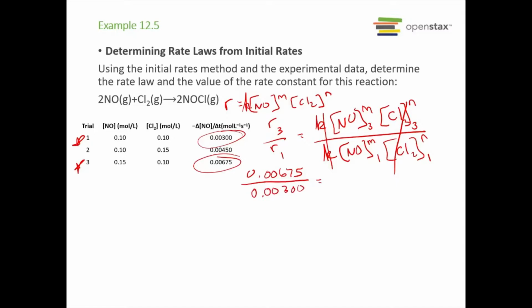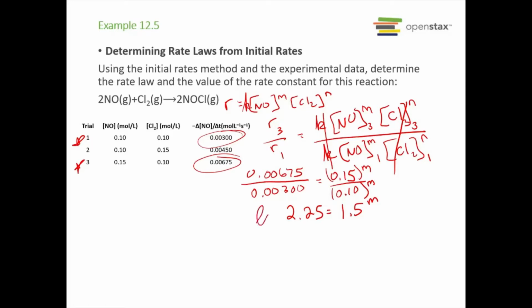And this is equal now to our concentration of NO from reaction 3, which is 0.15 to the M power, divided by 0.10 from reaction 1 to the M power. So now we get 2.25 is equal to 1.5 to the M.